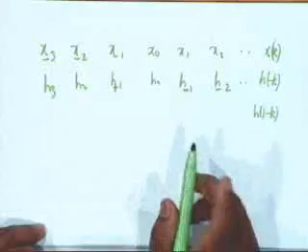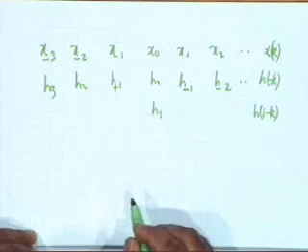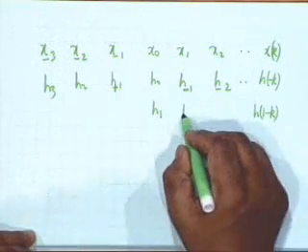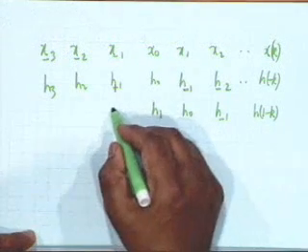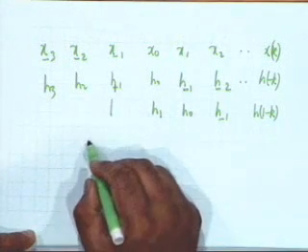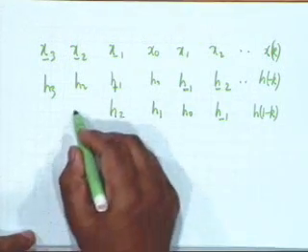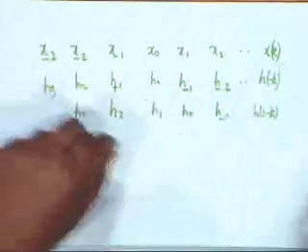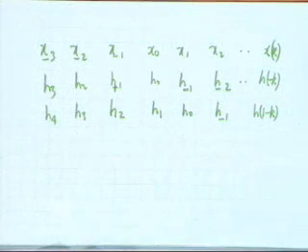It would be one position to the right, which means that h1 shall come here, h0 shall go here, this will be h of minus 1, this will be h2, this will be h3. The whole thing shifts one position to the right, and therefore h4 shall come here.